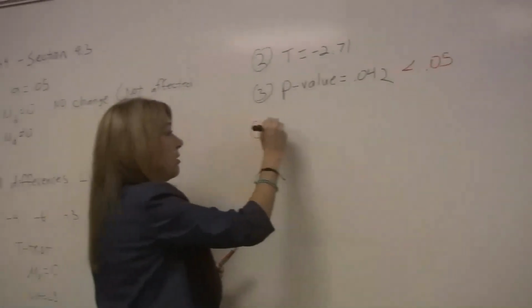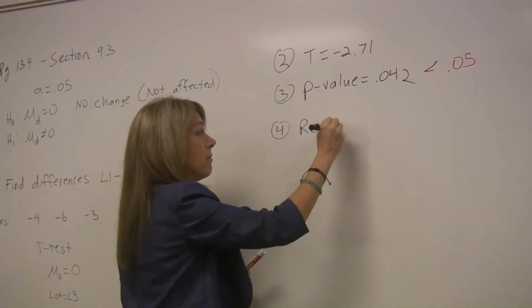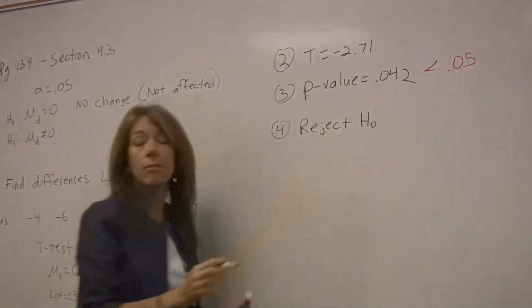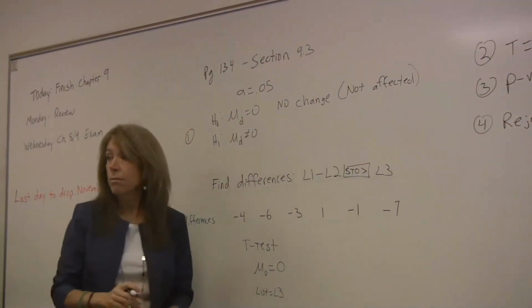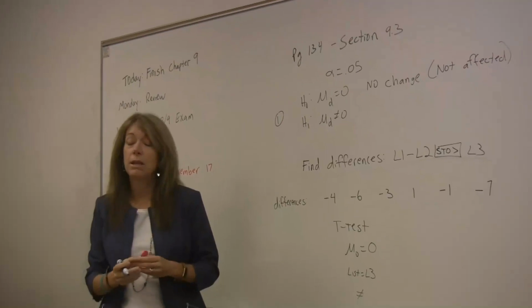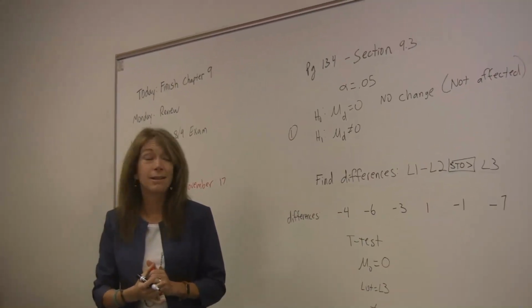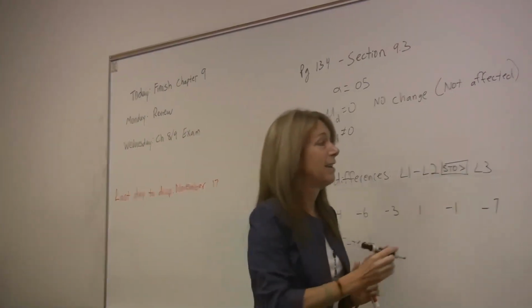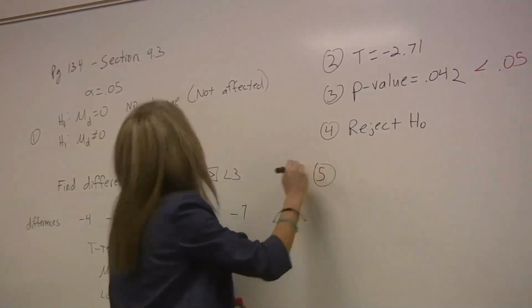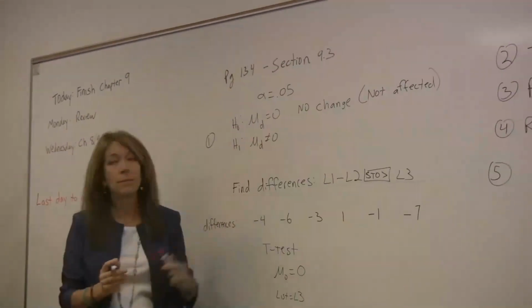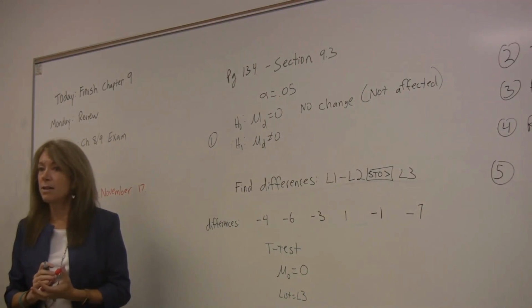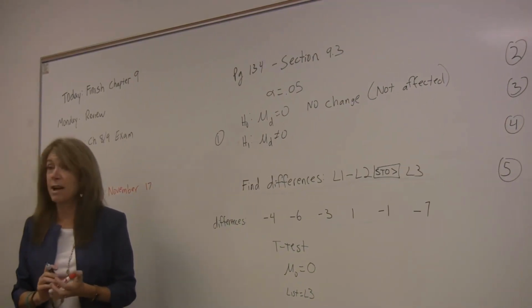So step 4, I'm going to reject H0. That p-value method is every day, all day, if you haven't noticed. So this was my claim that the hospital admissions were not affected by Friday the 13th.